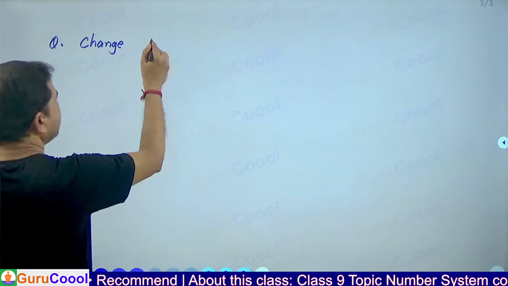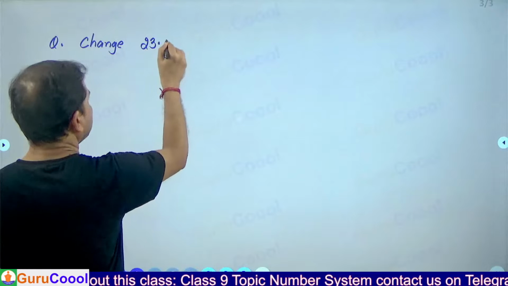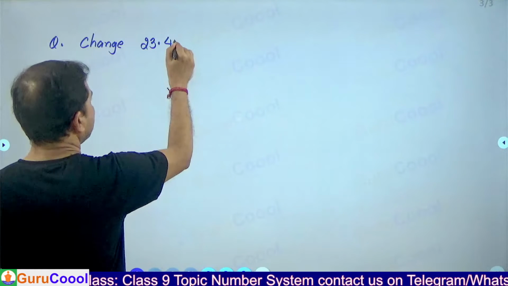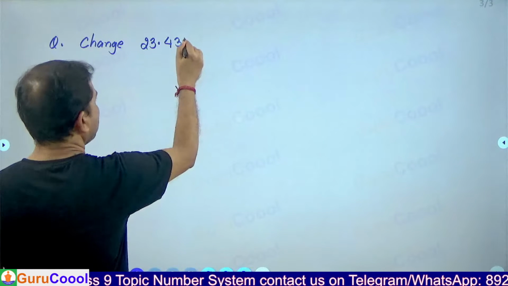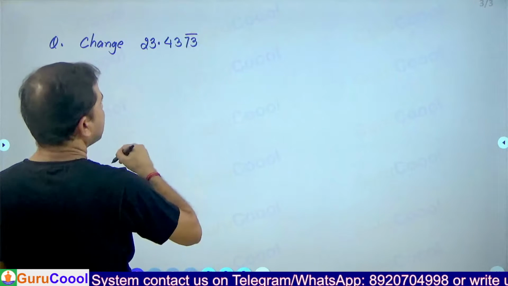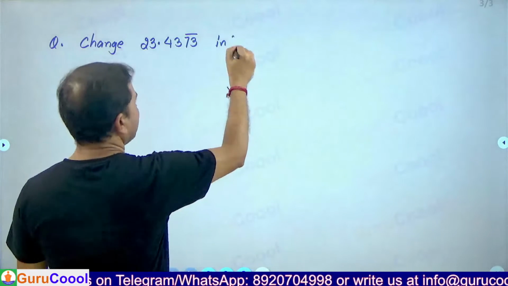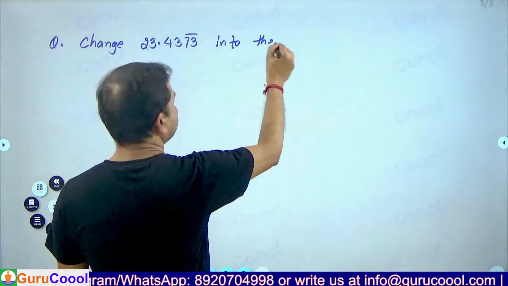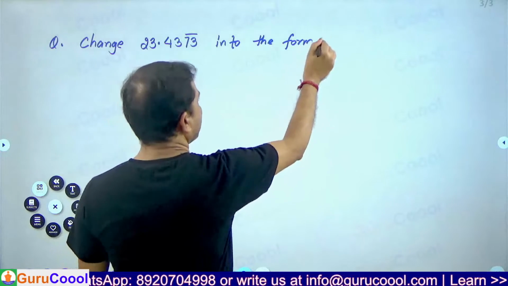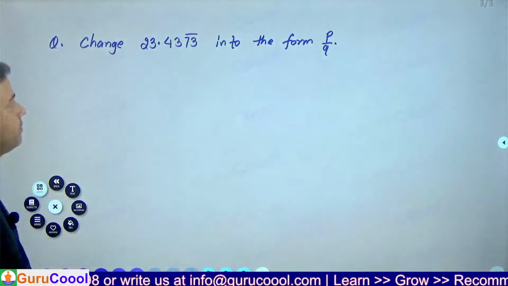Change 23.4373, and 73 has a bar sign, into the form P by Q. Now try this one and submit.